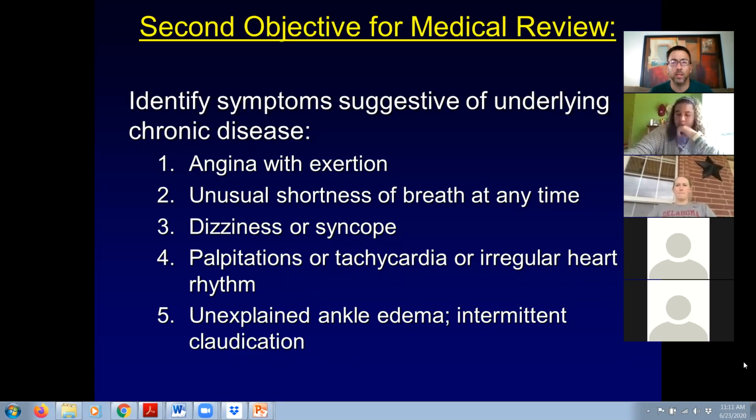Both the ankle edema and the claudication pain tend to come on during physical activity and then go away at rest. But these are called signs and symptoms. If a person experiences any of these signs and symptoms, there's a very, very strong chance that they have an undiagnosed underlying cardiovascular disease. So if people answer yes, they report some kind of sign or symptom, again, they are immediately high risk.